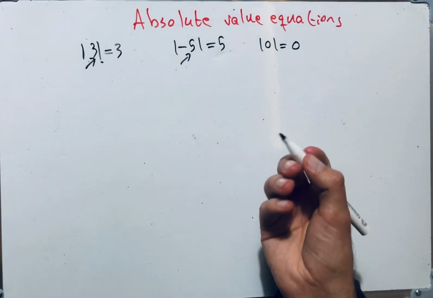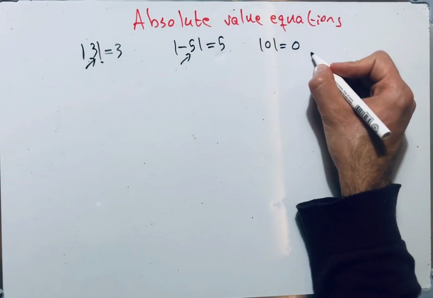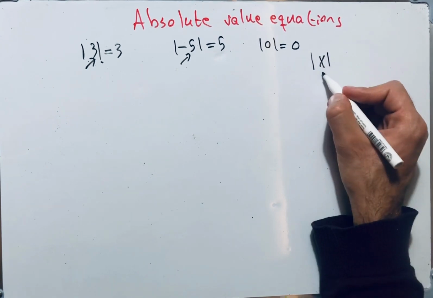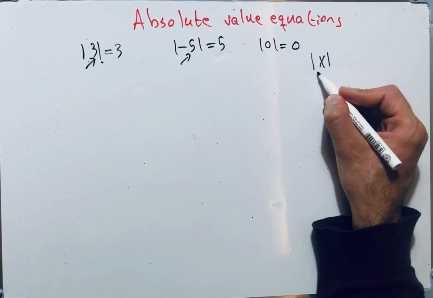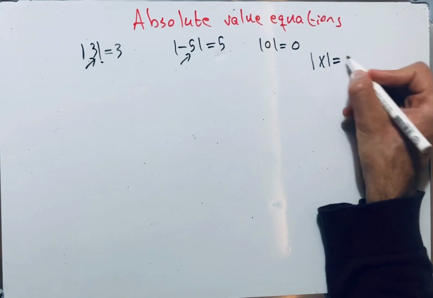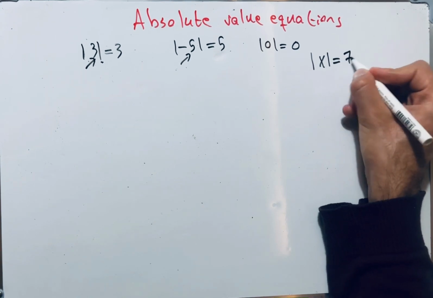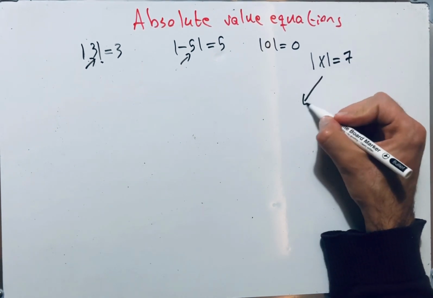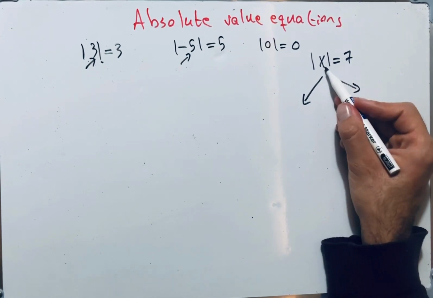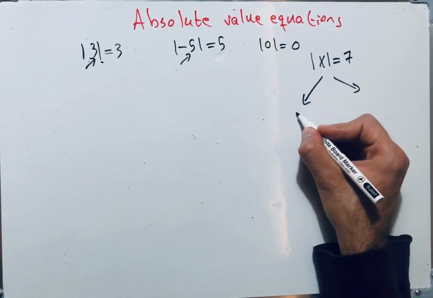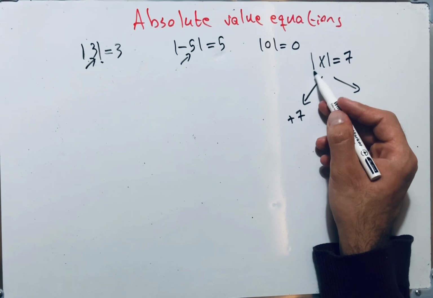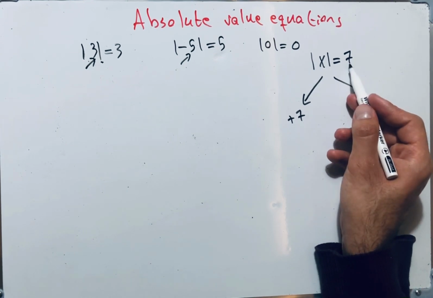So as a quick conclusion from this, if we have something using a variable, like the absolute value of x, let's say, is equal to 7, we can conclude that x could have been positive 7 when we input it inside, and then we got 7 as a result.